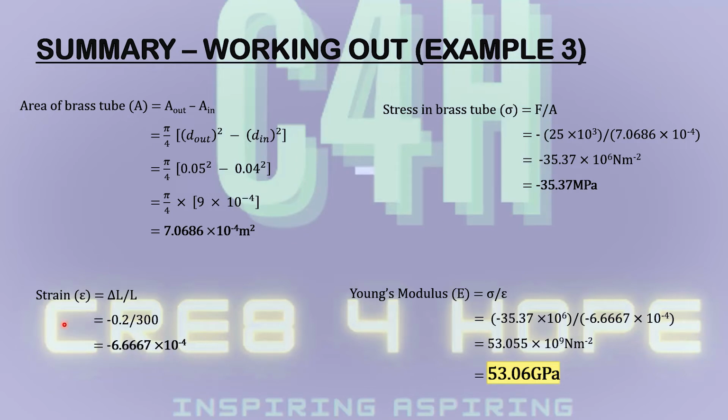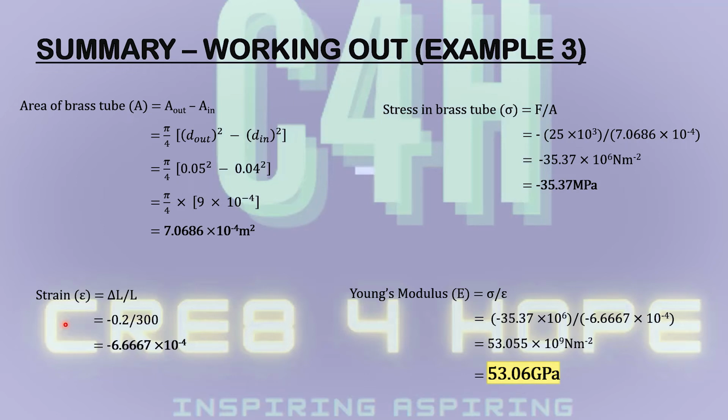We then proceed to calculate the strain. Based on the information that we've been given, the measure of the reduction in length is 0.2 millimeters. And we've been given the length of the tube, so the original length is 300.